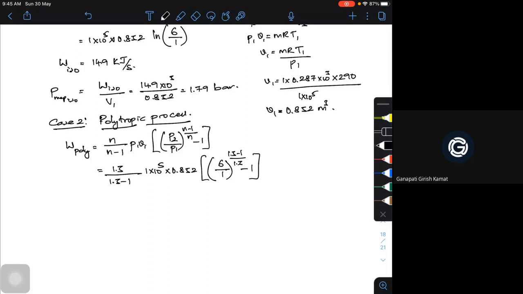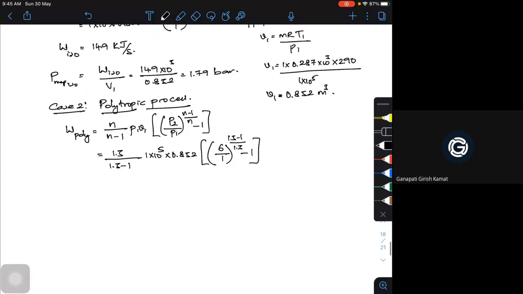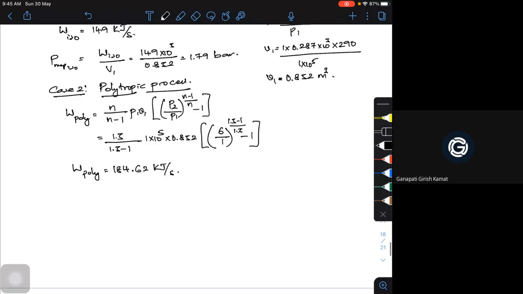I am getting around 184.6. Work done in the polytropic process is actually 184.62 kilojoules per second.